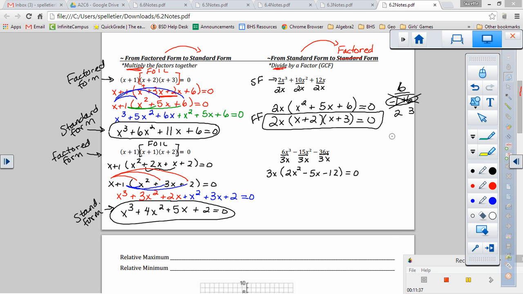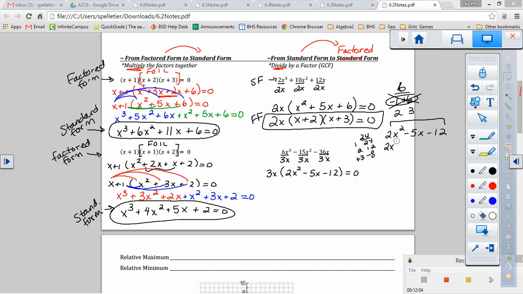So I'm going to take this, I'm going to put this trinomial over here and do my work over here. So 2 times 12 gives me 24. So factors of 24, 1, 24, 2, 12, 3, and 8. Ooh, probably can get negative 5 from 8, negative 8 plus 3.